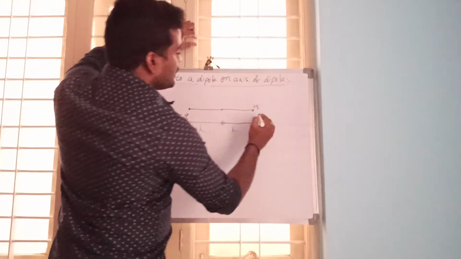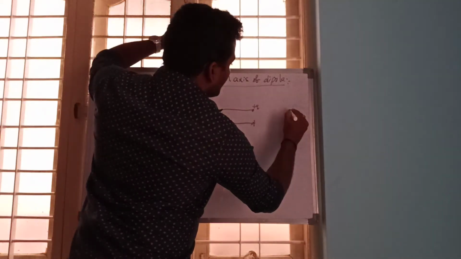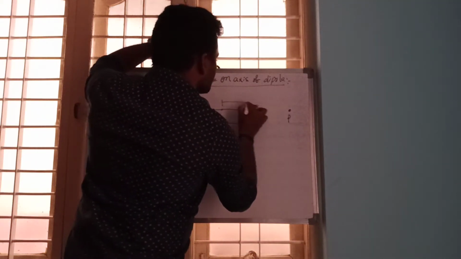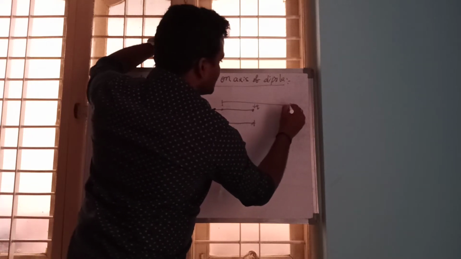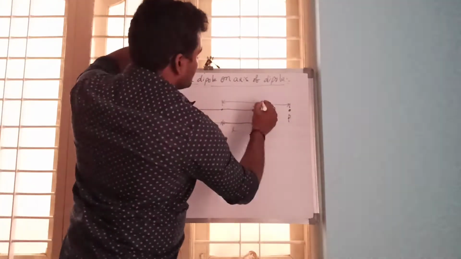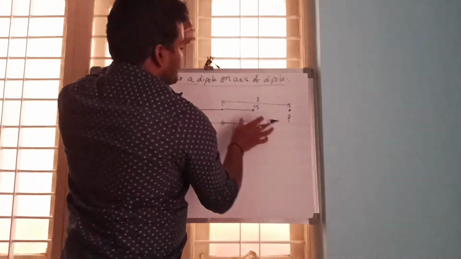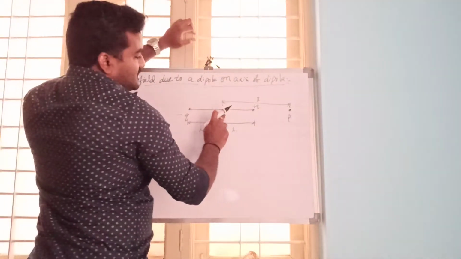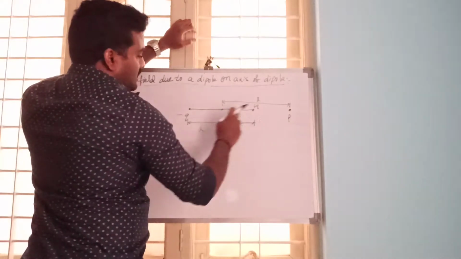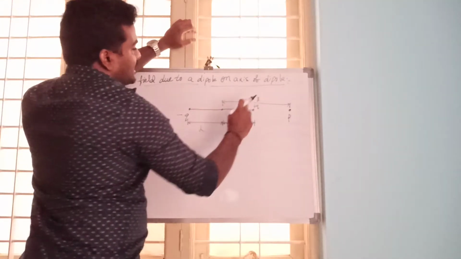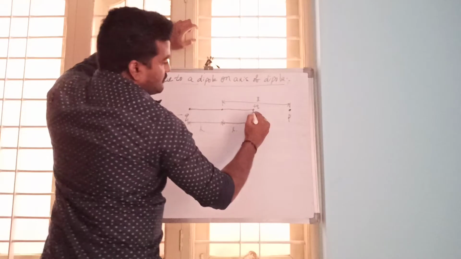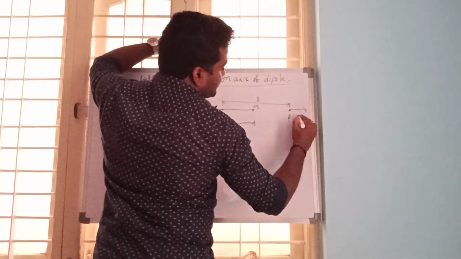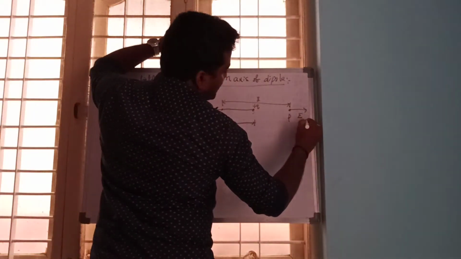So we are going to find the electric field at a point P, which is at a distance of x from the center of the dipole. Because of this plus q, the electric field will be in this direction, E plus q.